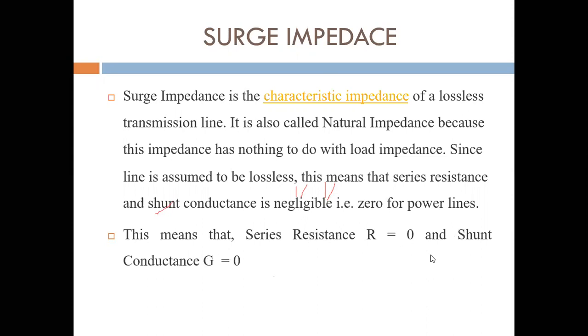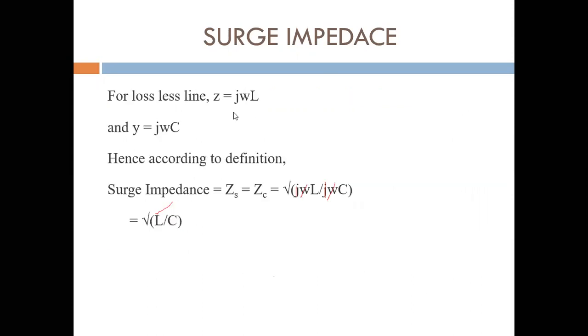While considering the resistance and conductance equal to 0, Z is equal to j omega L and Y is equal to j omega C.